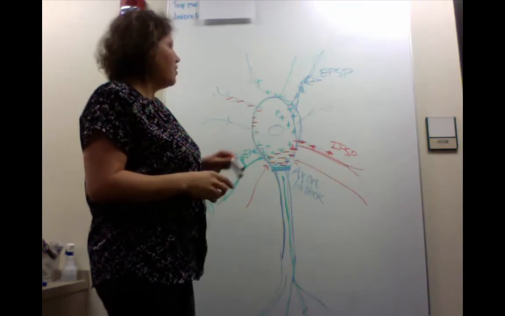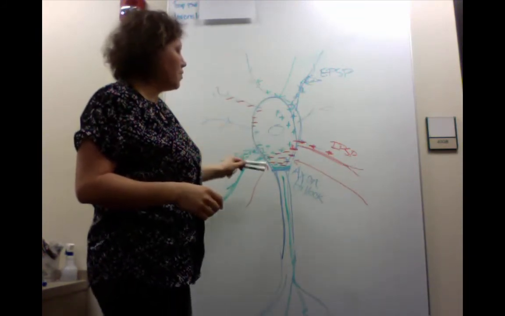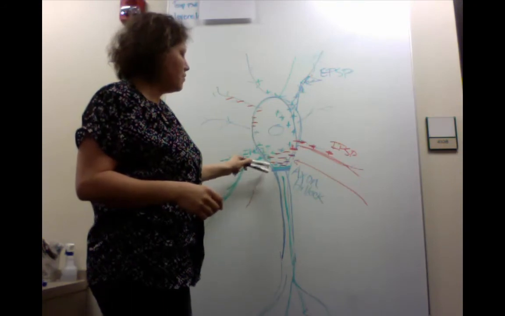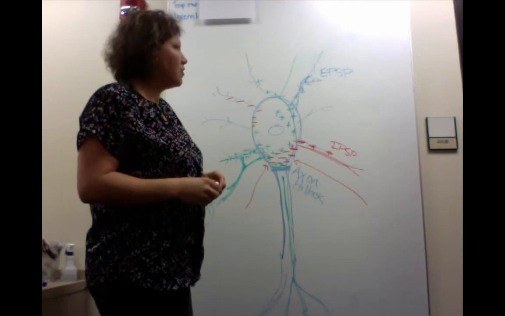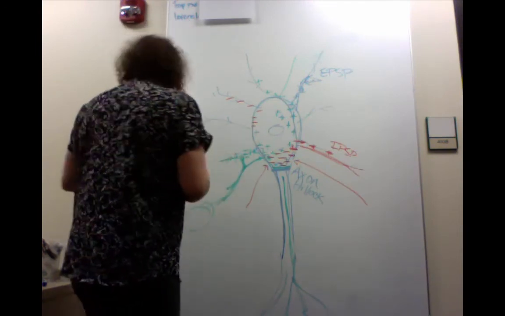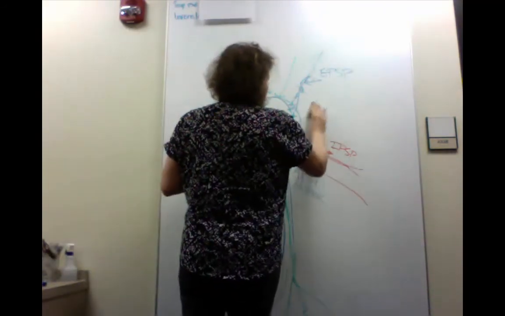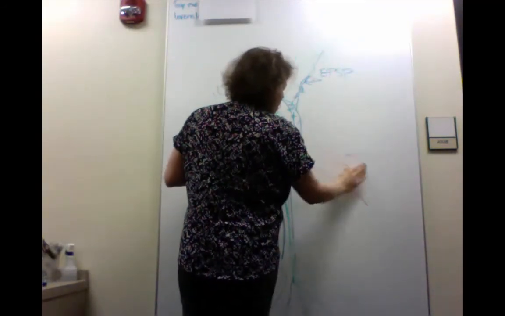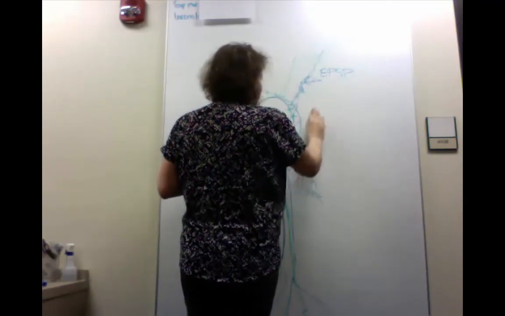So this is in general a little more about how EPSPs and IPSPs work to increase or decrease the firing rate of a neuron. One other thing you'll want to know is that the relationship between two neurons is either inhibitory or excitatory.